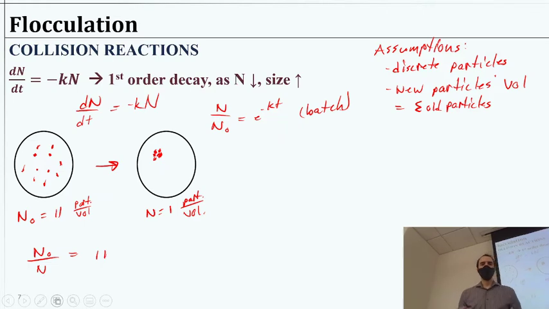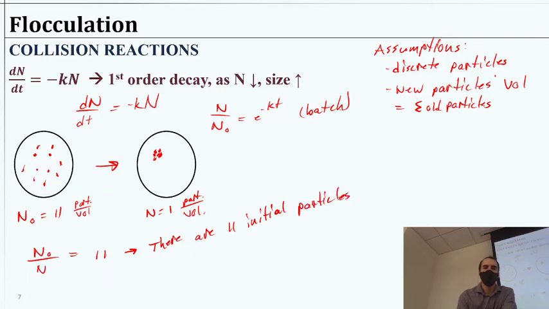That's not quite as useful because n naught over n is telling us how many of the initial particles are in each of the final particles. So based on that math there, we can say that there are 11 initial particles in every aggregate. And when I say aggregate, what I mean is this new particle.